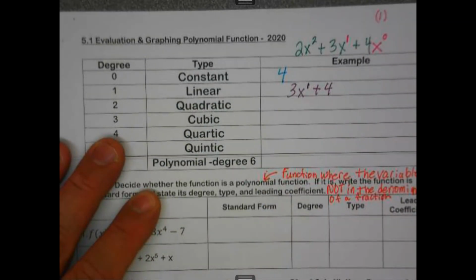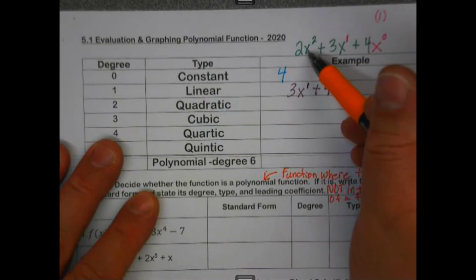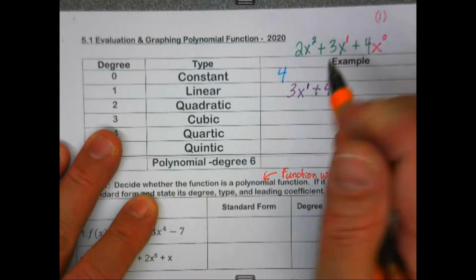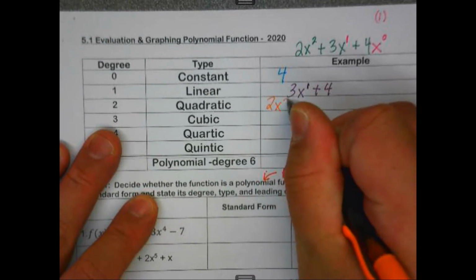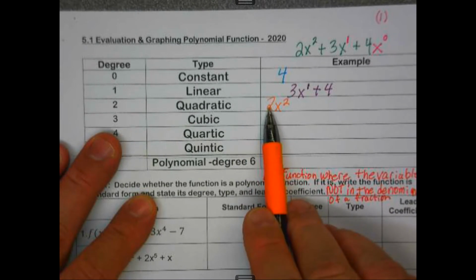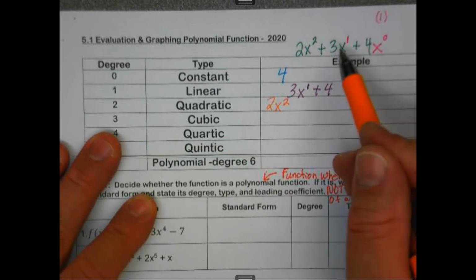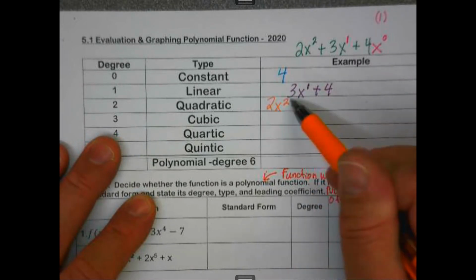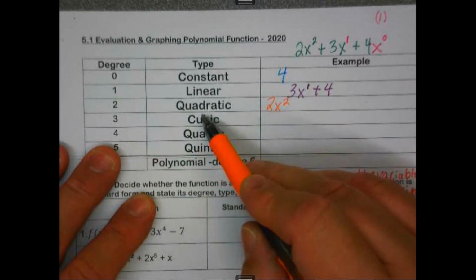Quadratic. Well, that's when my degree is 2, the exponent 2 of the variable. So that's my 2x squared. That is a quadratic polynomial. It does or doesn't have to have stuff after it. If I just have 2x squared, that's still a quadratic polynomial.